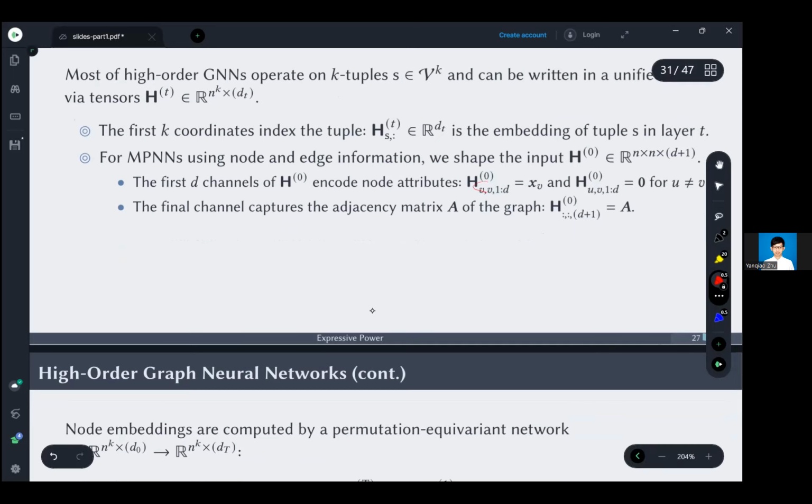Basically, for every node, its D-dimensional features equal x, where x means the initial features. Otherwise, for u and v that are not connected in the graph, we just pad with 0 here. And for the channel after 1 to D, we will record the adjacency matrix.